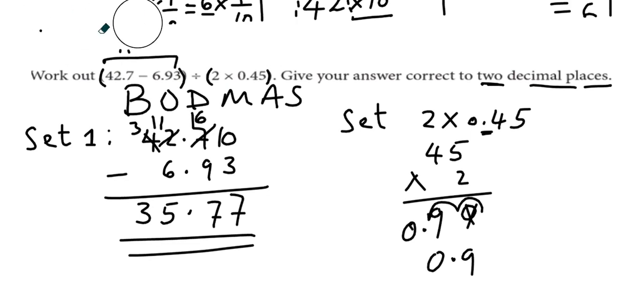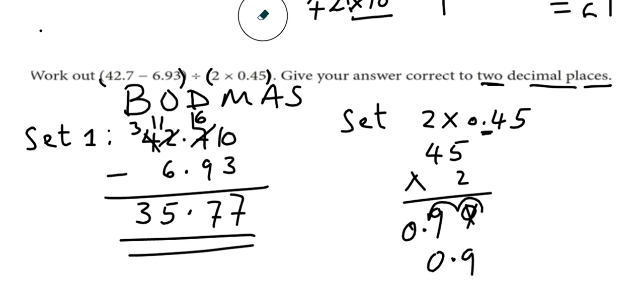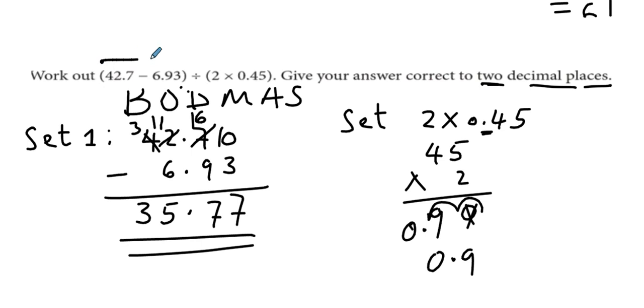Now we go for this answer we got over here, which is 35.77, and this answer we got over here, which is 0.9. Then these two will be divided.